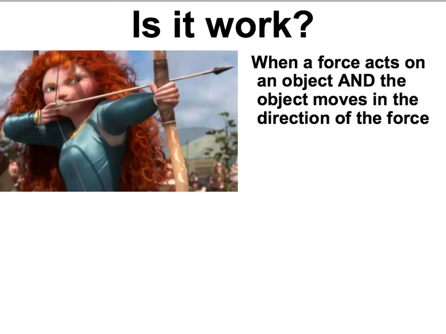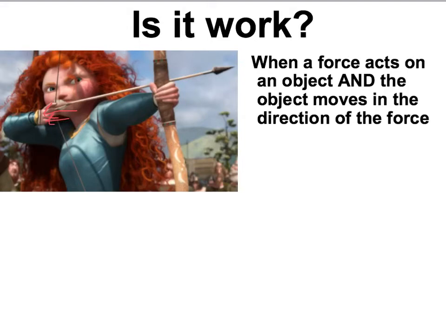In this picture we have Merida from the Disney movie Brave, and she's pulling back the bowstring for a bow to shoot an arrow. Is work being done? Yes, there is work being done. There's a force being applied. Merida is applying a force to the string, and the string is moving in that direction.